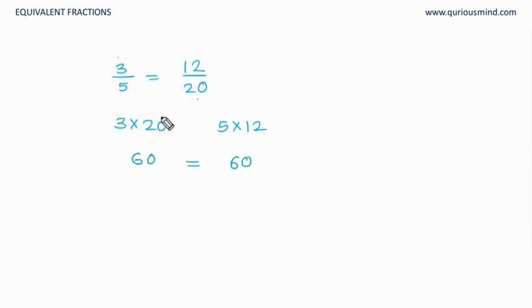They are equal. So in equivalent fractions, the product of the numerator of one fraction and the denominator of the other fraction, and the denominator of the first fraction and the numerator of the second fraction, is the same. This pattern can be used to easily find equivalent fractions. We will see this when we solve some practice sums.